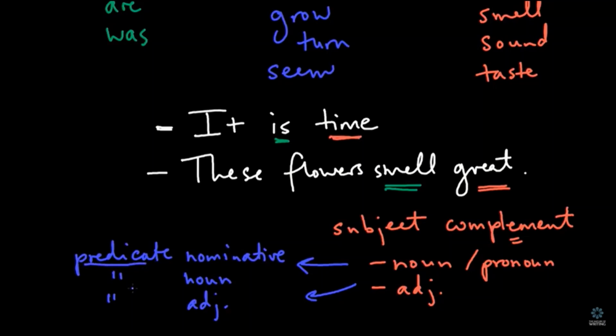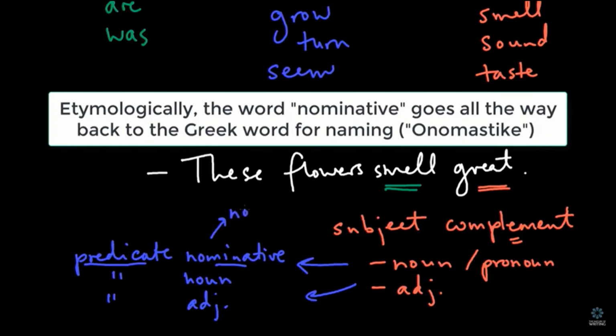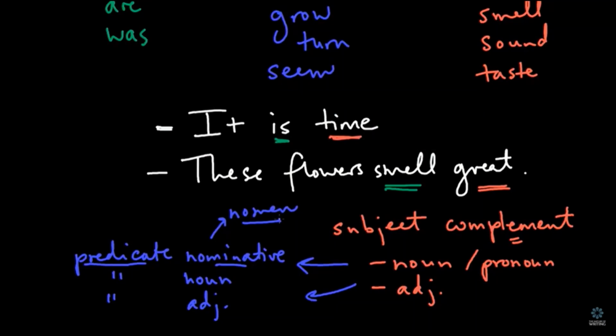So that makes kind of sense. And then the word nominative comes from Latin. In Latin, this has something to do with nomen or name. And the nominative is always the subject of the sentence. So if a noun is in the nominative case, then it's the subject.